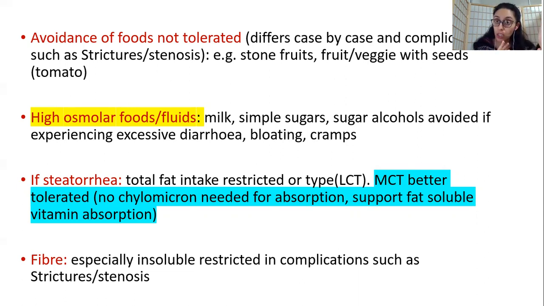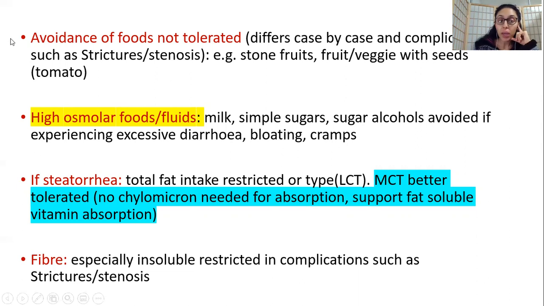They may not be put on long chain triglycerides, which require a lot more digestion, meaning formation of chylomicrons and so on. MCTs, clinical trials have shown, are better tolerated by individuals with ulcerative colitis and Crohn's disease. And of course MCTs also support the absorption of fat soluble vitamins.